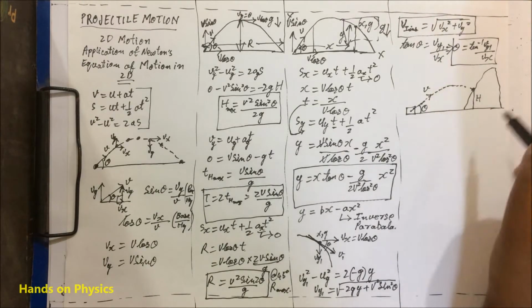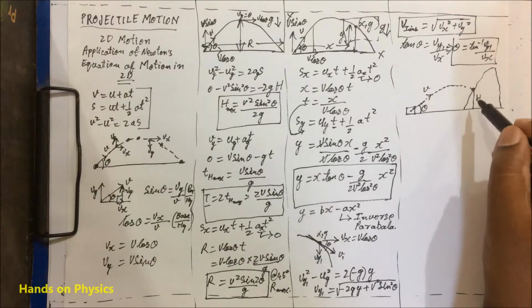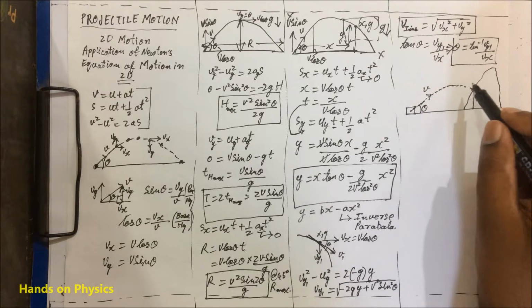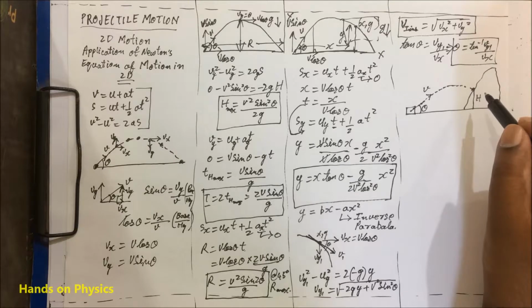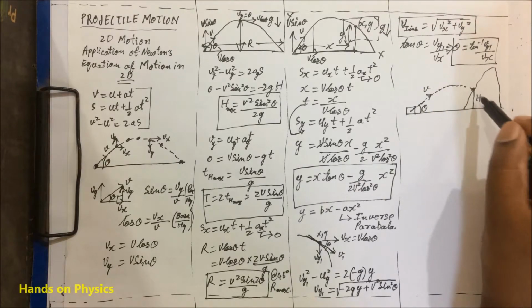You can also take this condition as you're a football player and there is a player standing there, and by what velocity you should send the projectile so that the projectile goes over this height.